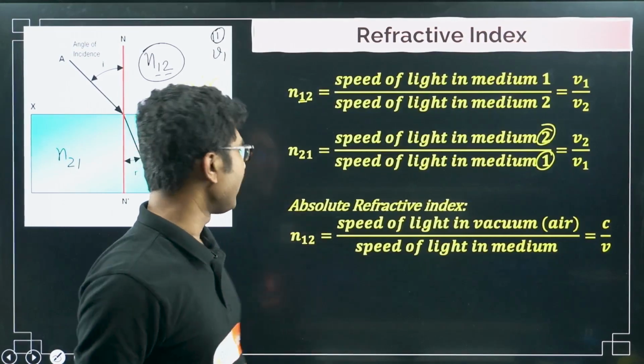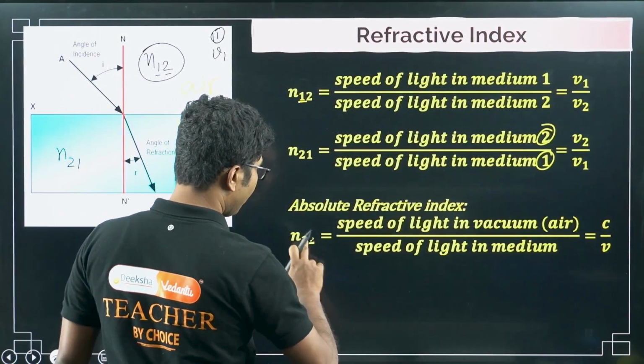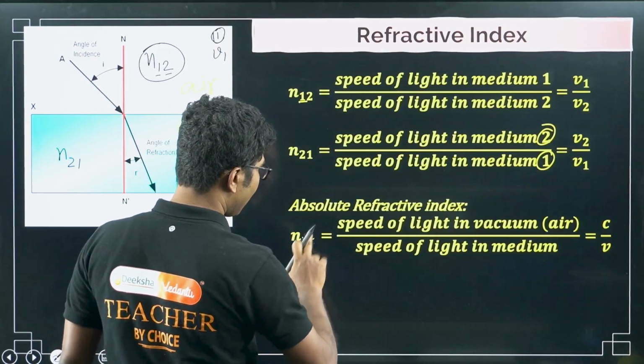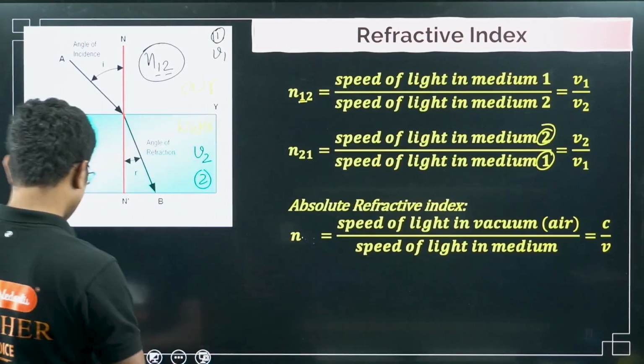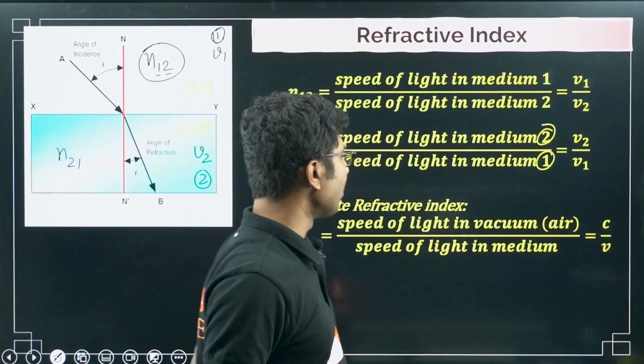Absolute refractive index of any medium does not have any subscript, it is normally represented only by n. It is given by speed of light in vacuum divided by speed of light in medium.